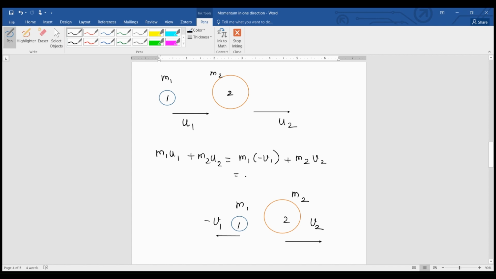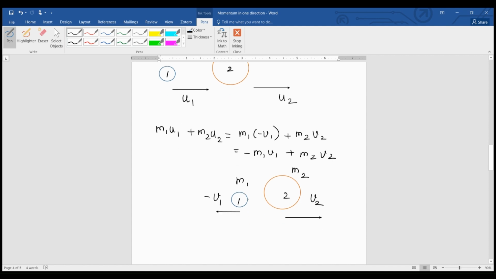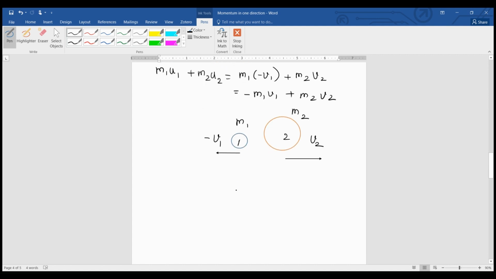So this will be minus m1v1 plus m2v2. Since object 1 is moving to the left after collision, we have assigned a negative sign to its velocity after collision.